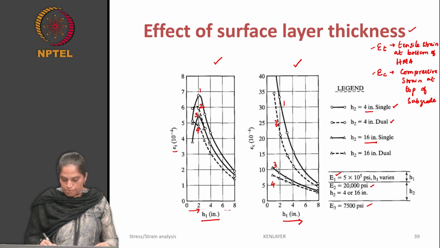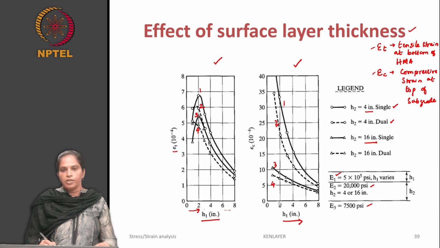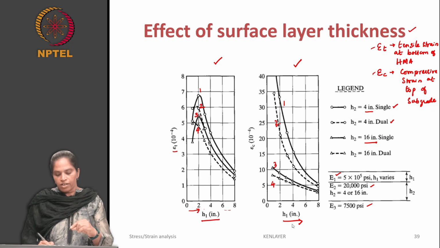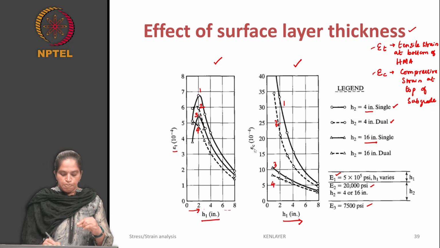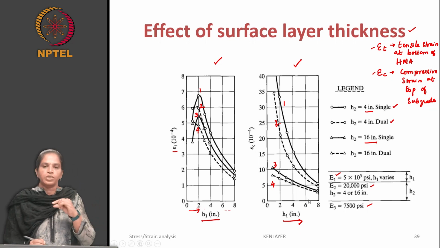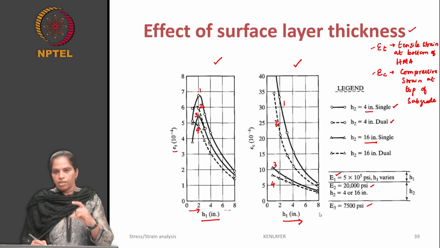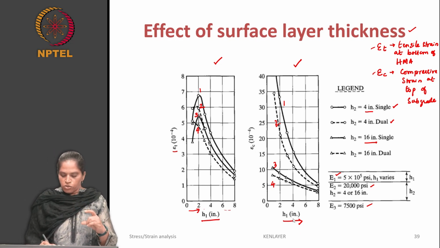If you have a thick base, cases 3 and 4, you don't find as drastic a reduction as in cases 1 and 2. So increasing the asphalt layer thickness is more effective in decreasing the compressive strain at the top of a subgrade only if the base course is thin. If you provide a thick base course, H1 does not influence much.